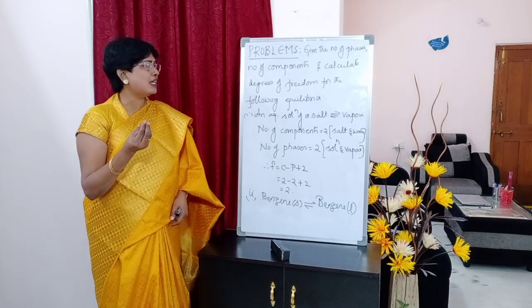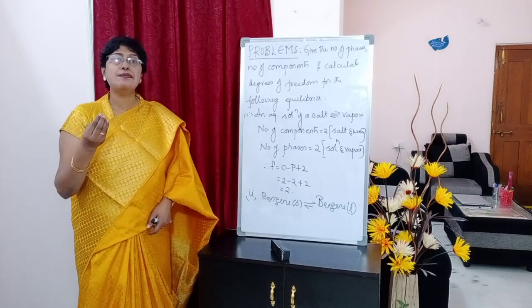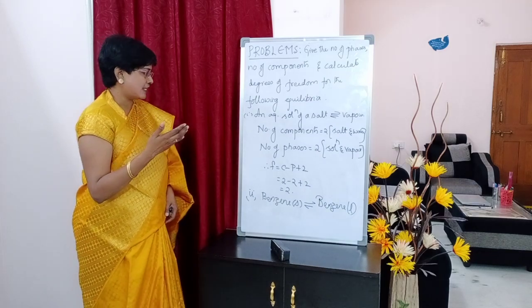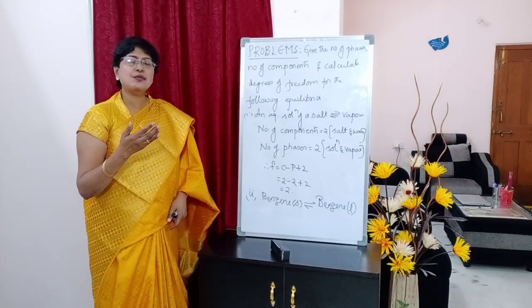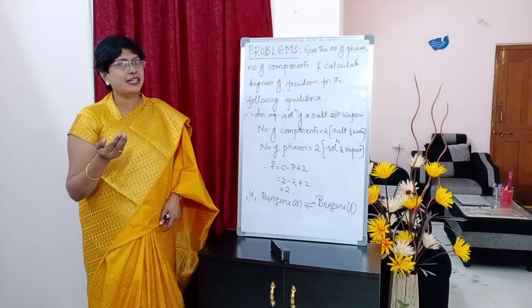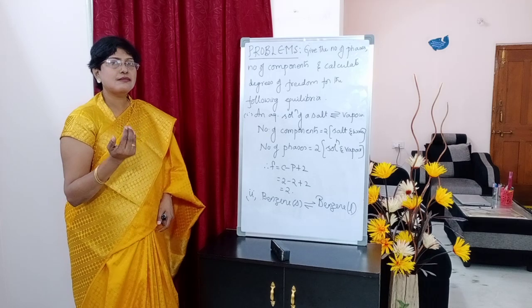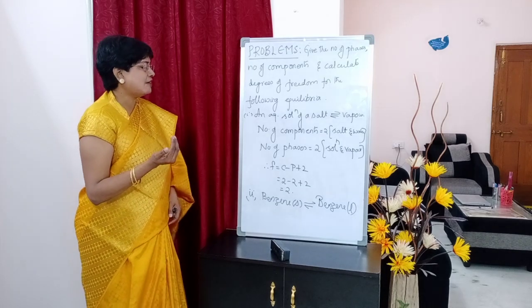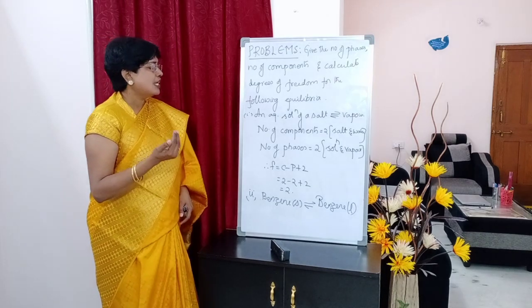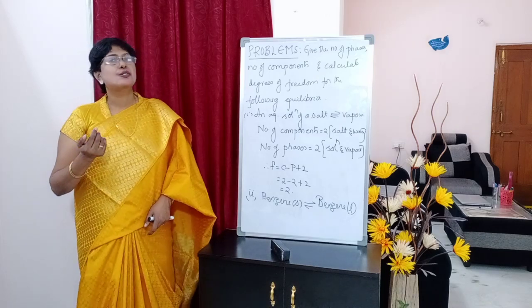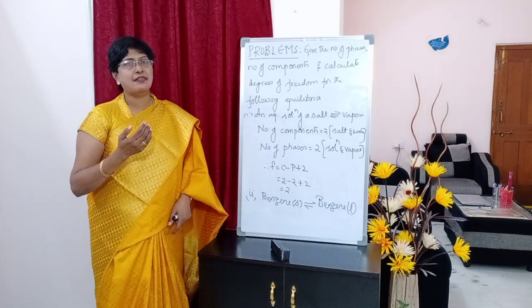So we have 2 phases, 2 components. Next, from these 2 we can calculate degrees of freedom. So write down F is equal to C minus P plus 2. It is equal to number of components 2, number of phases 2. 2 minus 2 plus 2 is equal to 2. This equilibrium is bivariant.